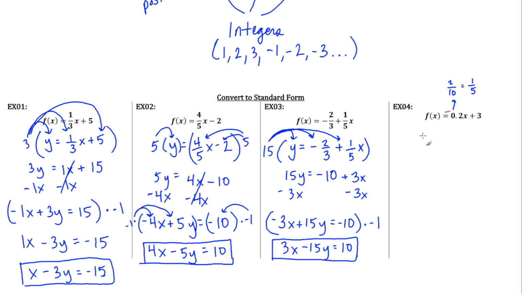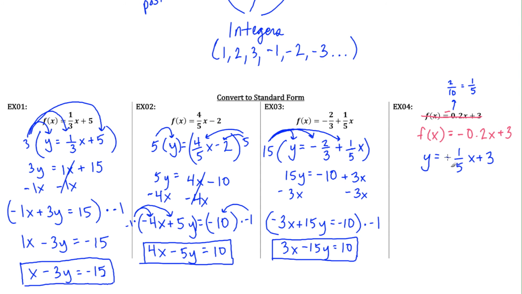So, actually, I'll write it like this: f of x equals negative 0.2x plus 3. Okay, so I will write it as y equals negative 1/5 x plus 3. So remember, I changed this to be negative 0.2x.